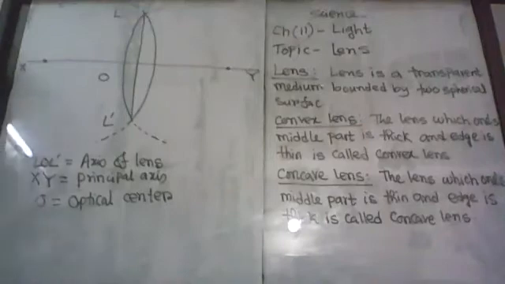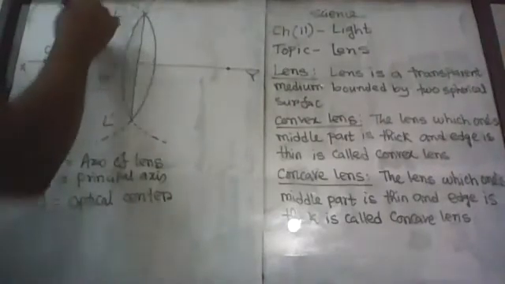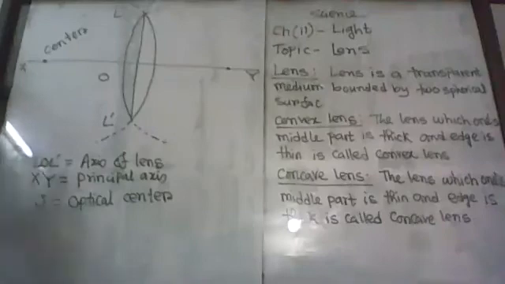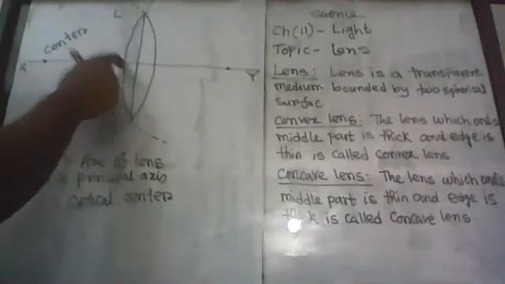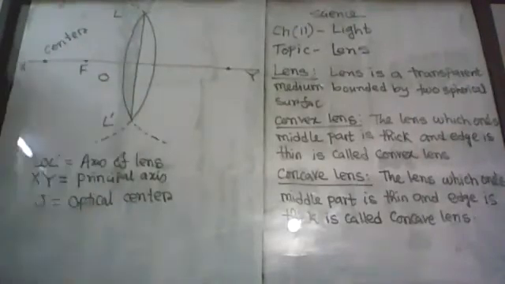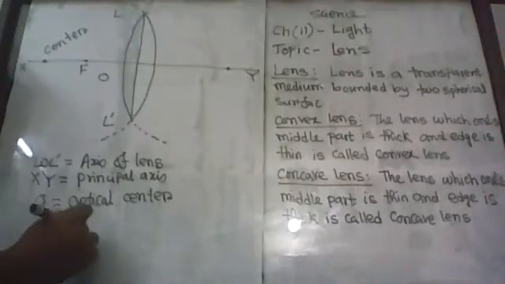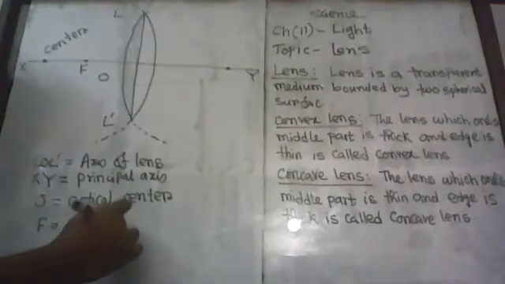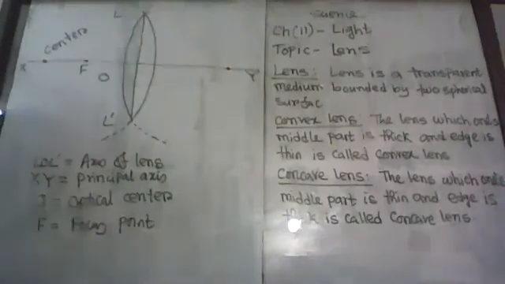Now, the intermediate point between this center point of the spherical surface and the optical center point is called F. And this F is nothing but the focus point. So, what is the focus point?